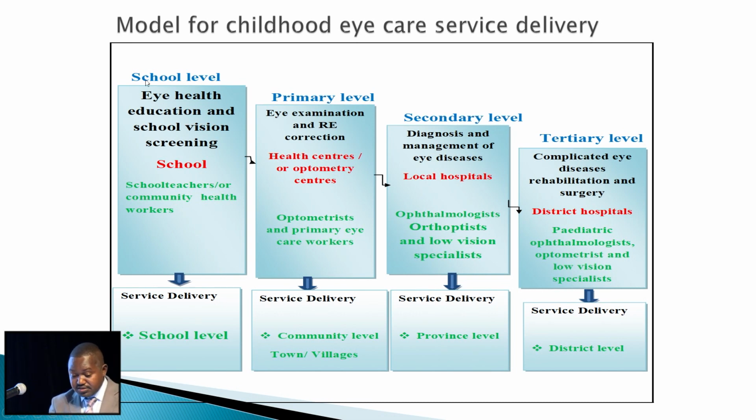At the school level, we need to deliver eye health education and school vision screening. We need to deliver eye health education because most causes of visual impairment could be eliminated by increased awareness of the community. We need to increase the awareness of teachers and students to be more aware of signs and symptoms of uncorrected refractive error.